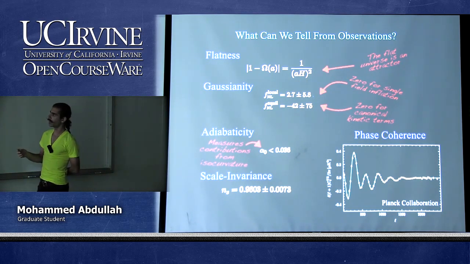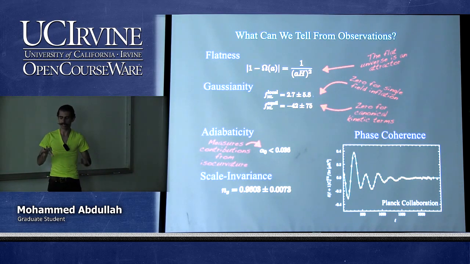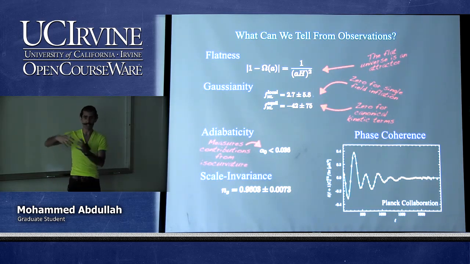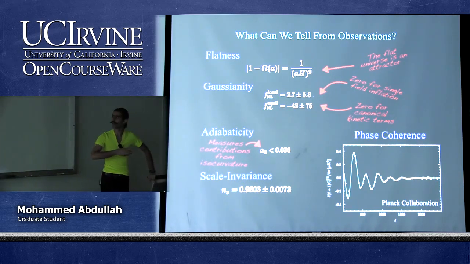You can ask about something called adiabaticity, which is how perturbations of different components are related. In an isocurvature perturbation, you can have a place where you have an overdensity in photons, which is then compensated by an underdensity in matter.